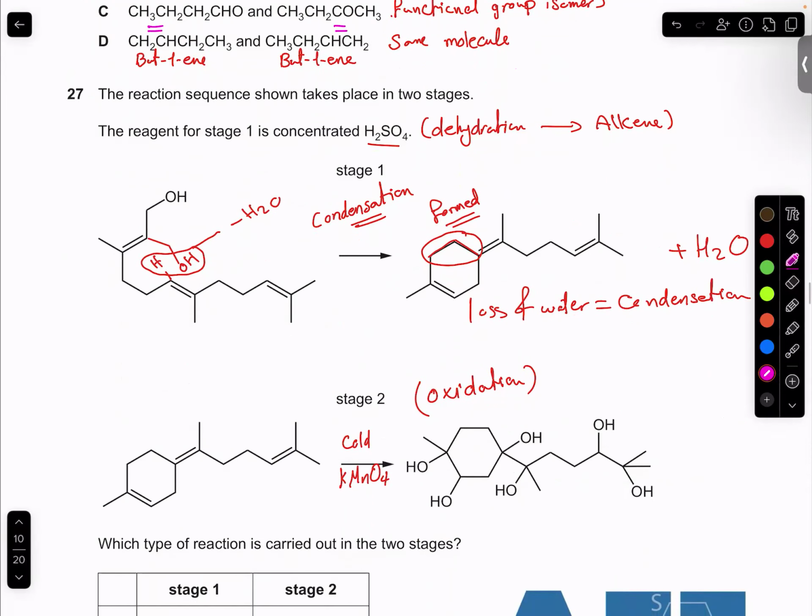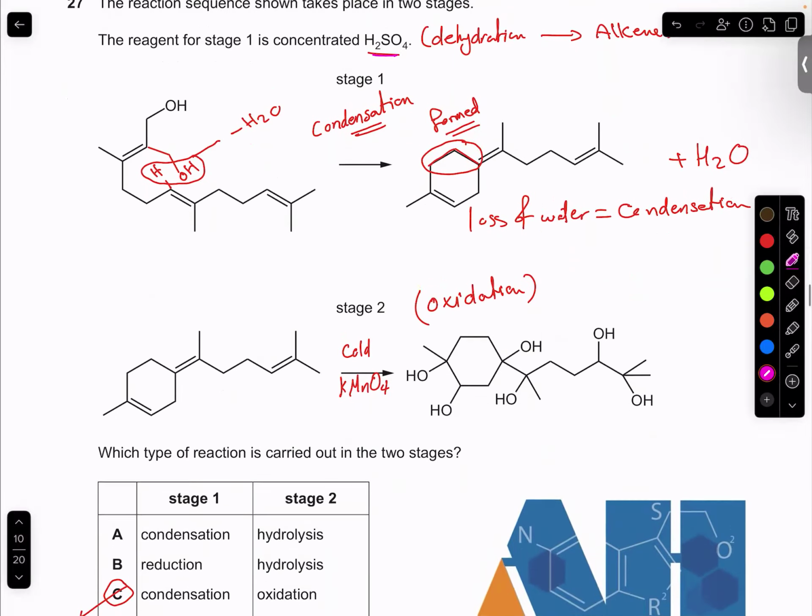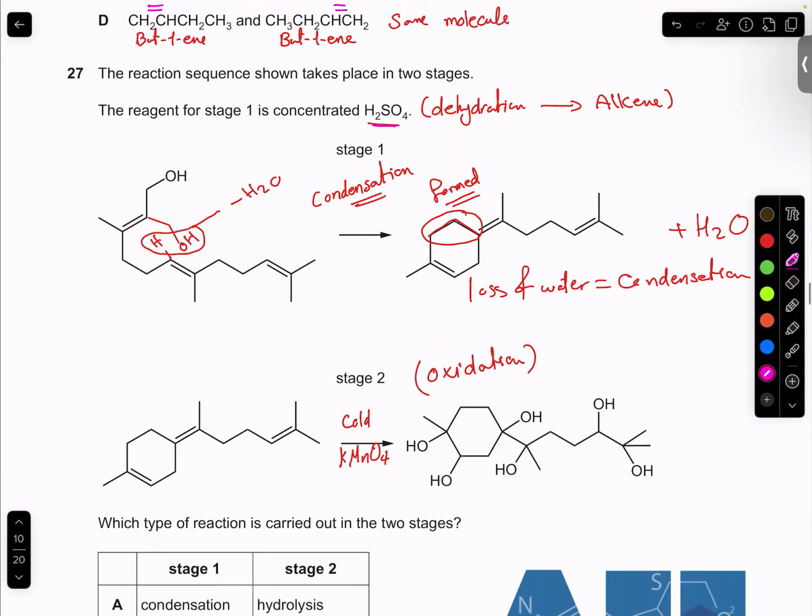Question 27. The reaction sequence shown takes place in 2 stages. Stage number 1 is concentrated sulfuric acid. So in stage number 1, adding concentrated sulfuric acid, this is dehydration. So we will remove a water molecule and the compound changes into an alkene.